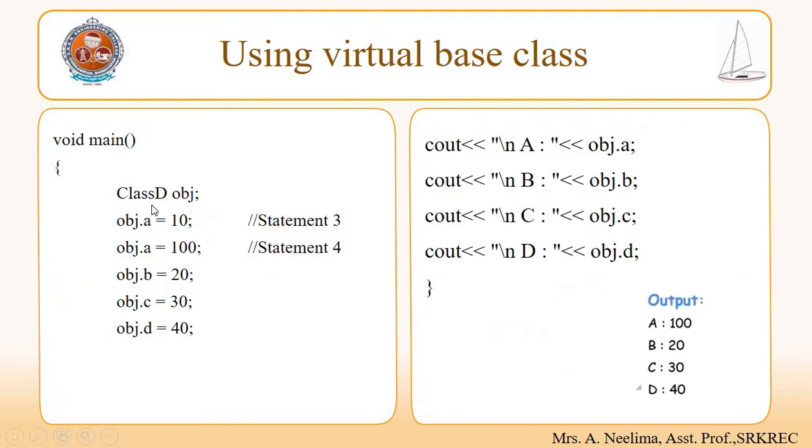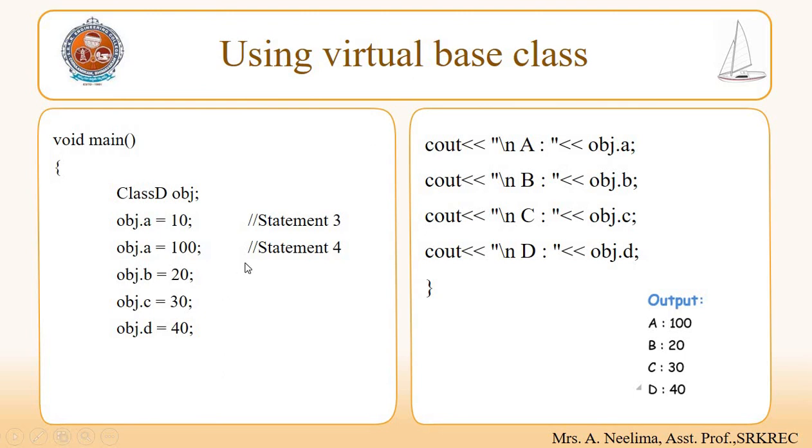In the main function, you will be creating an object for the derived class. Here the derived class is D, so object obj. By using the object, obj.a = 10 and obj.a = 100.